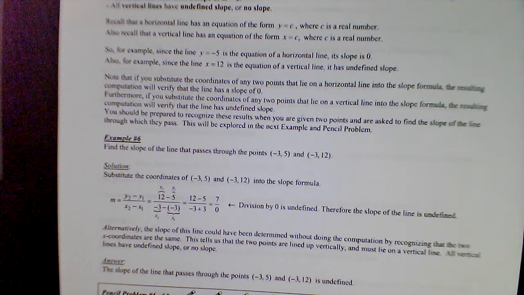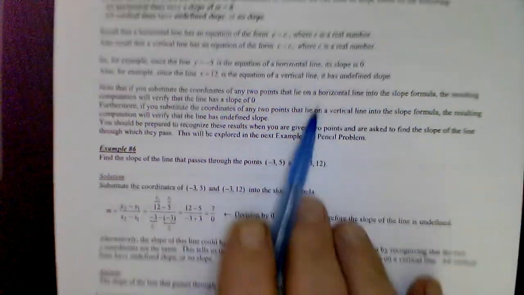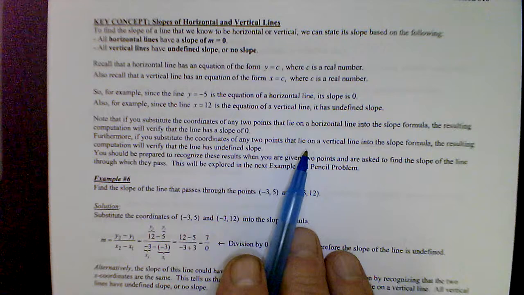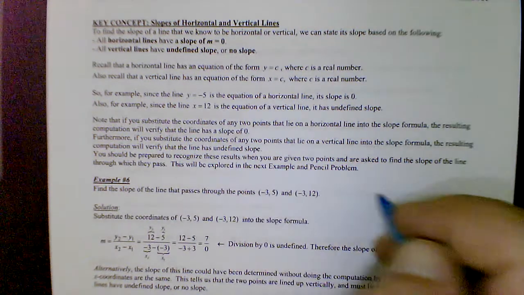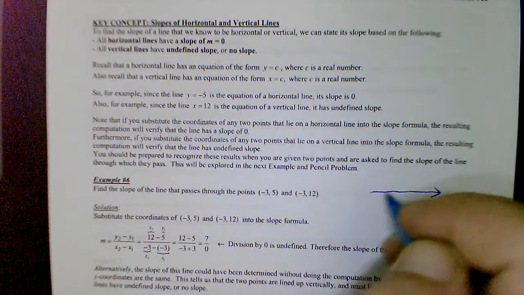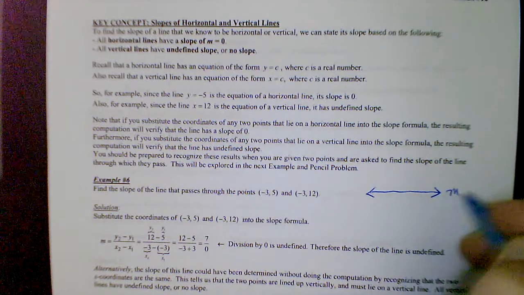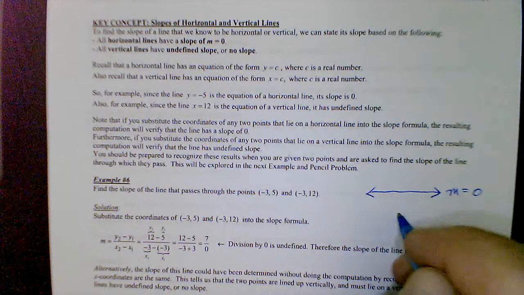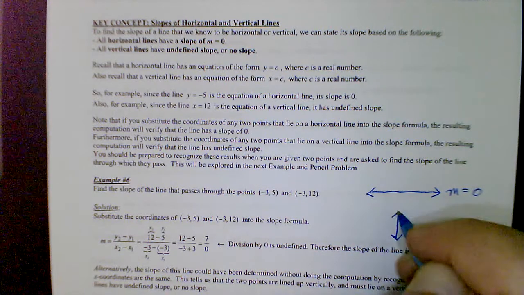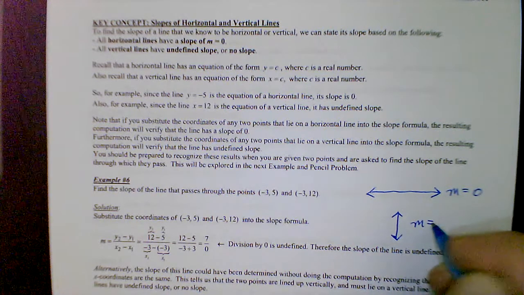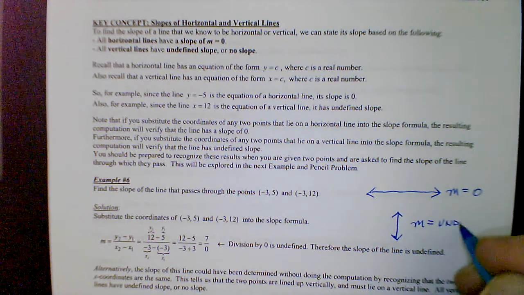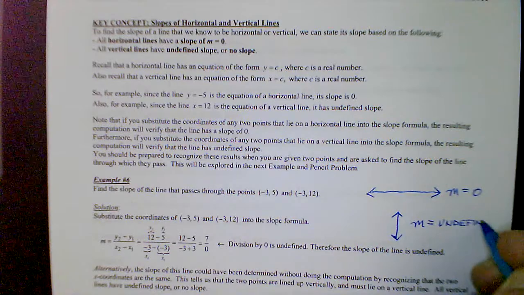numbers. Okay, then we get the slopes of horizontal and vertical lines. A horizontal line has a slope of 0, and a vertical line has a slope that is, we say, undefined.